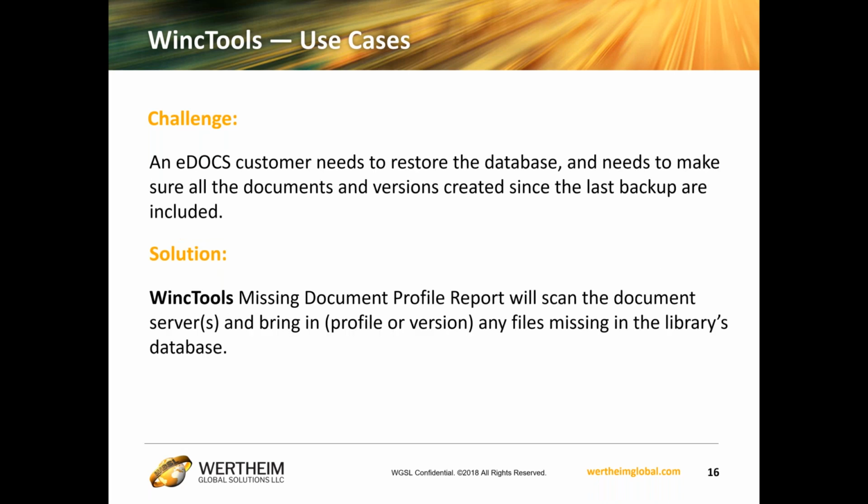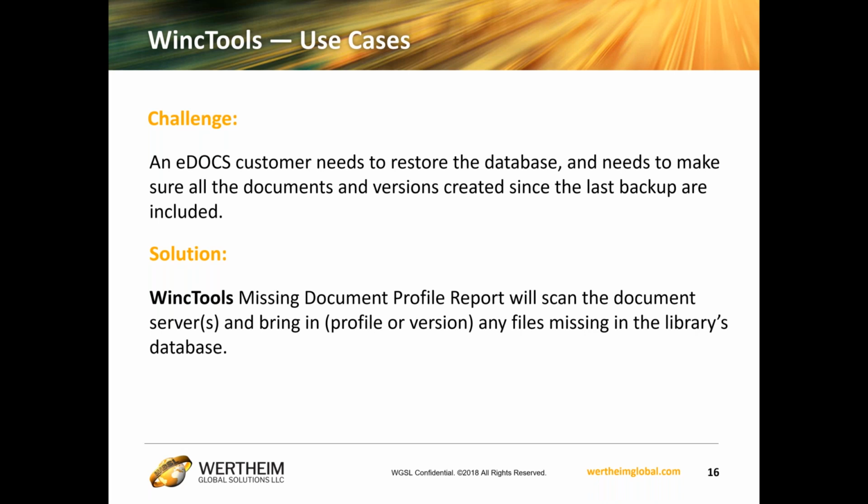We have, and this happened after 9/11, I know that's been many years ago, but it's still relevant. You needed to restore your database, but you weren't sure whether the database and the document server backup matched. How do you identify what may be on the document server but may not be profiled?